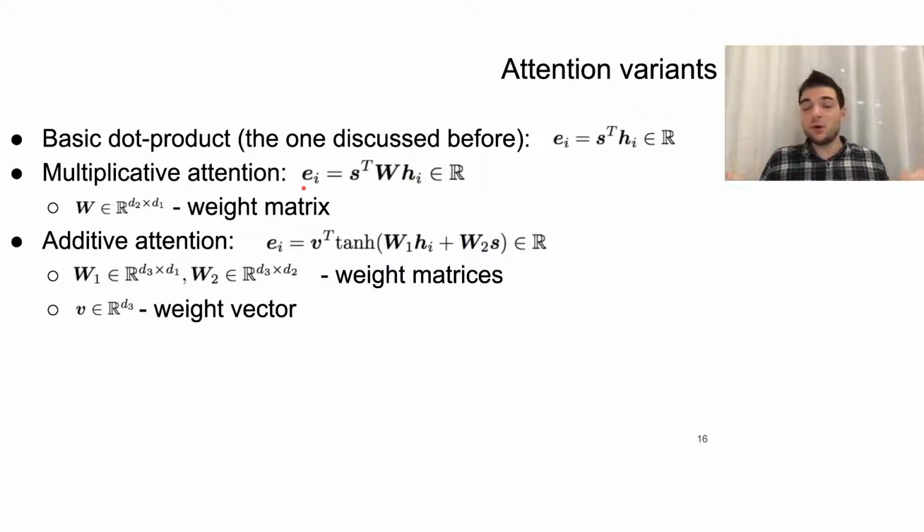Or there are even more complex techniques like additive attention, for example. If you look here, you can see that it's really close to a neural network. It is a two-layer neural network. We have first a linear transformation of the encoder and decoder, then some kind of nonlinear activation, then another multiplication by a vector v, and finally we get some result.